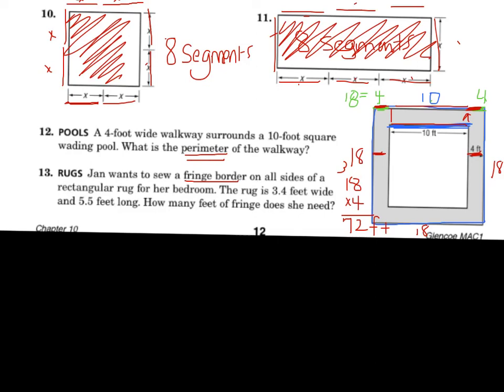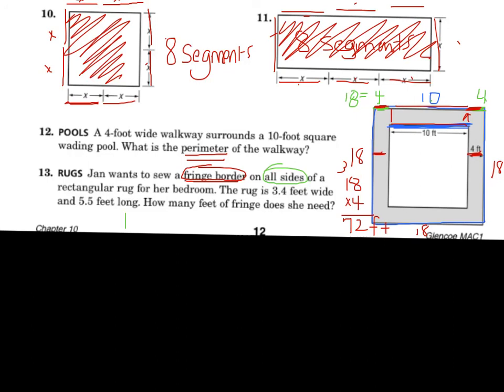The rug is 3 4/10 feet wide and 5 1/2 feet long. How many feet of fringe does she need? These are all sneaky words for perimeter, fringe, border. Let's see. On all sides. That's a hint right there. It's going to go all the way around.